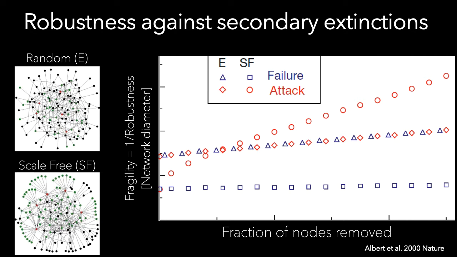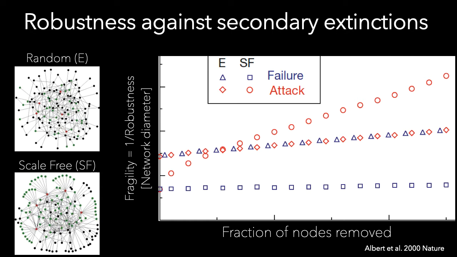On the x-axis, we have the fraction of primary extinctions. The authors of this paper used a statistical mechanics approach and simulated two different types of networks, which are represented on the left side of your display.